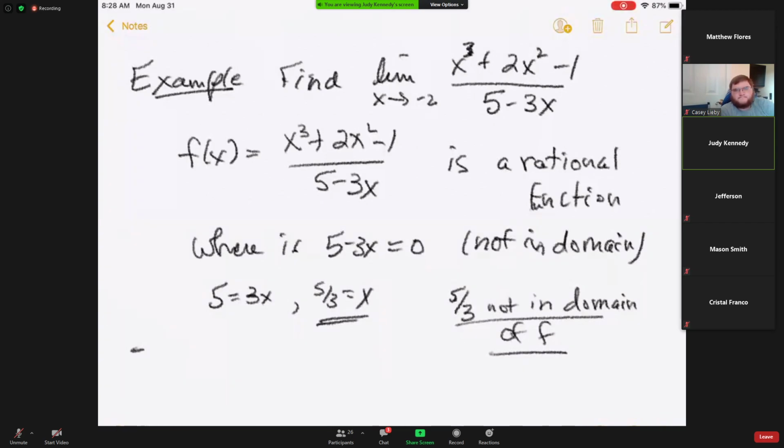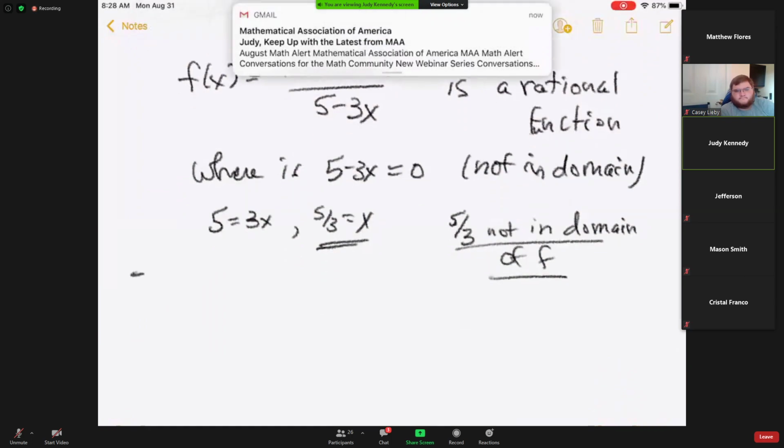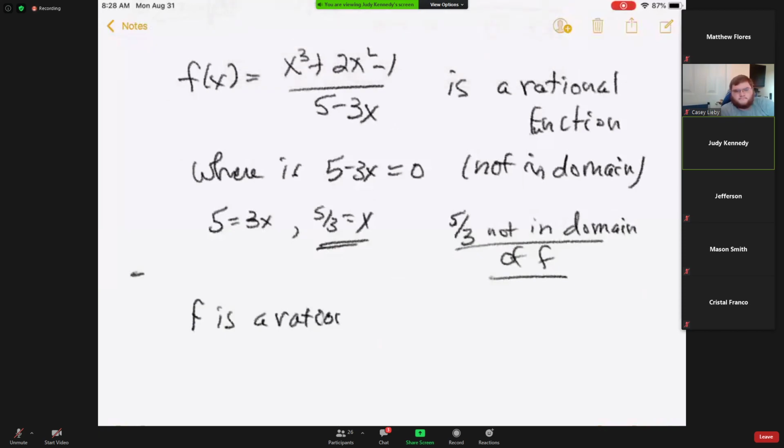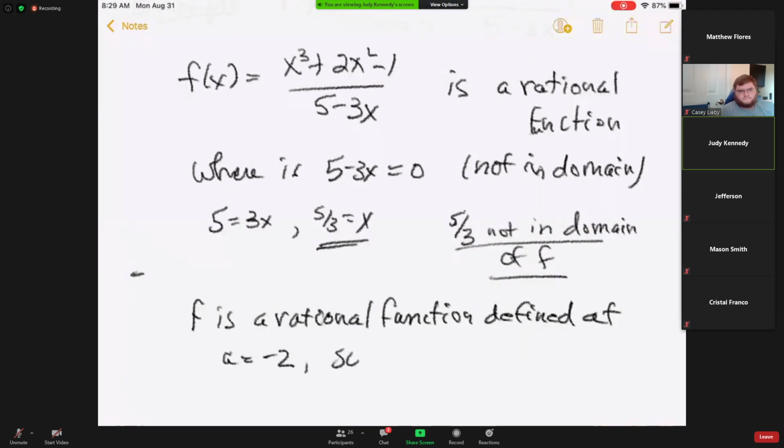So this function f is continuous. It's a rational function defined at a equal to minus 2, so it is continuous there.